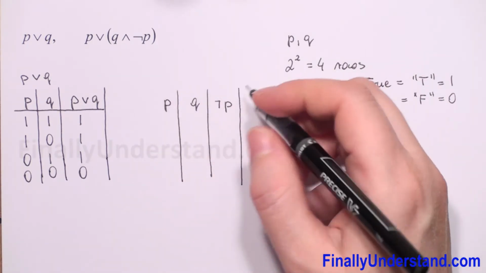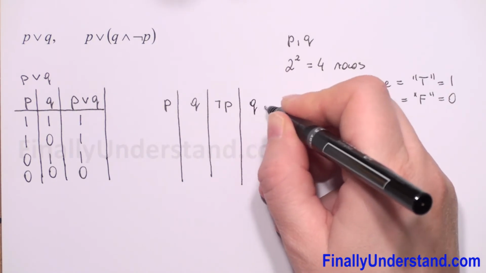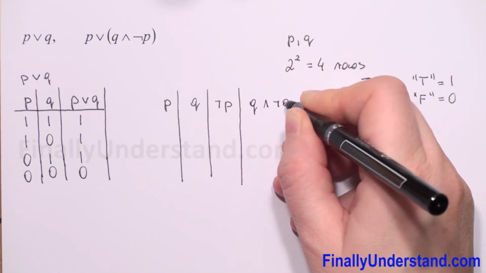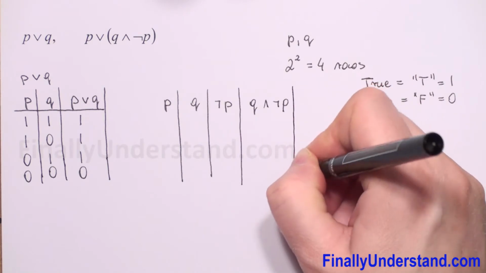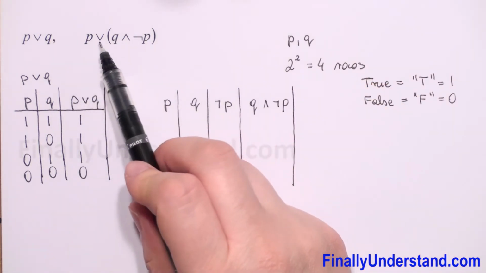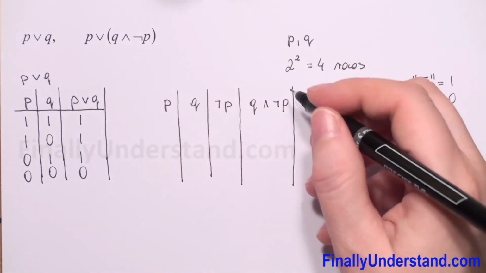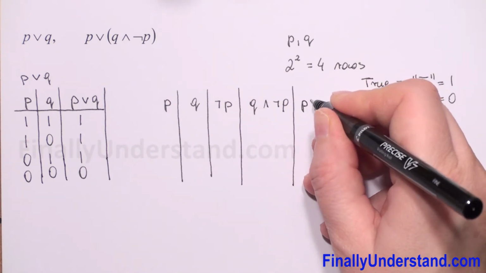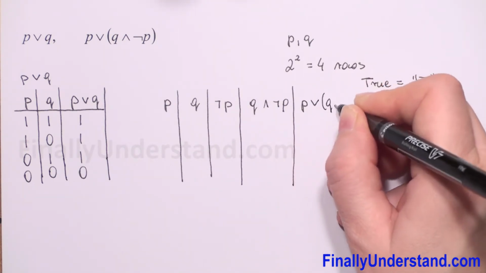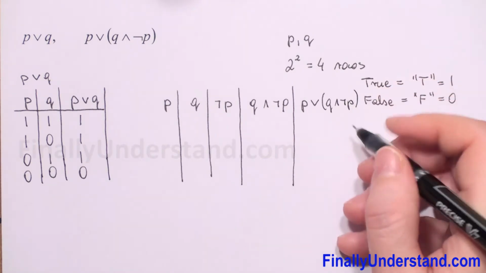In parentheses, we have Q and not P. And next, we have P or (Q and not P). So the last column is P or (Q and not P).